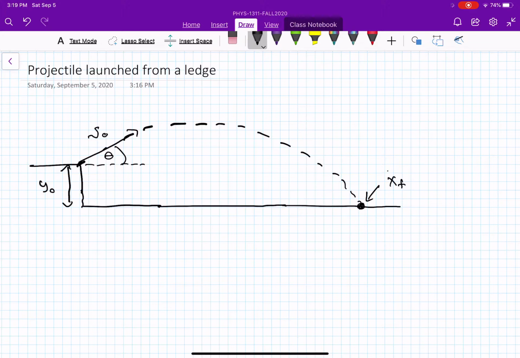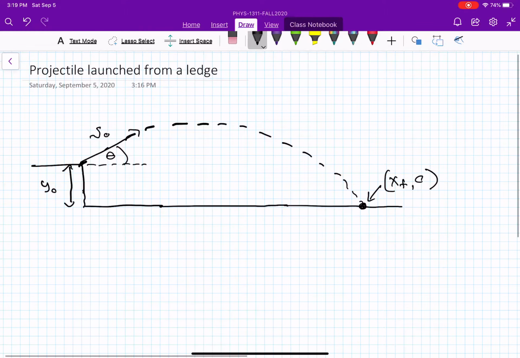And the final coordinates of the object would be x sub f, 0. I'm going to assume that the ground is at y equals 0. So its vertical position ends at y equals 0. Its initial vertical position is y0. And I'll also assume, for simplicity, that this initial x0 is equal to 0. So this point here is the origin.